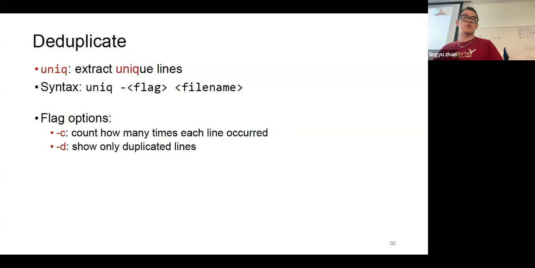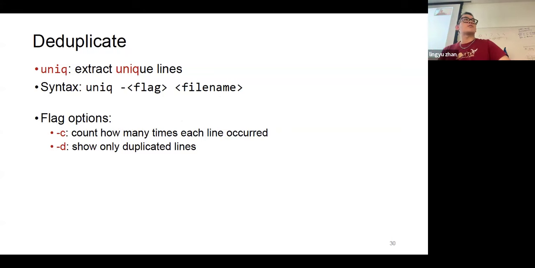But if you don't want to sort, you can use the unique command with the file name. The -c will give you a count of how many times each line occurred, and the -d will do the opposite, only showing the lines that are duplicated in your file.